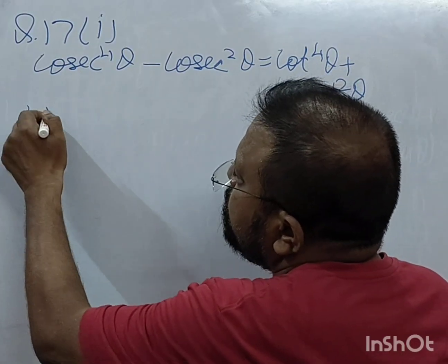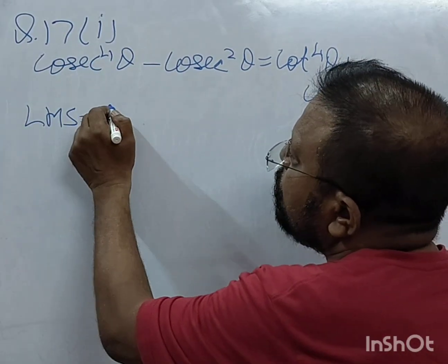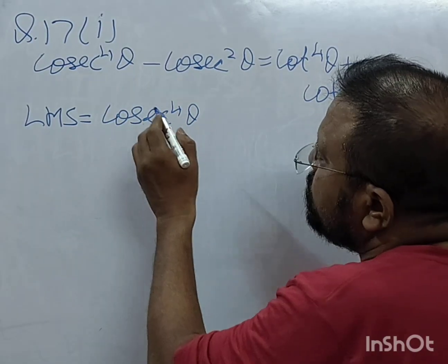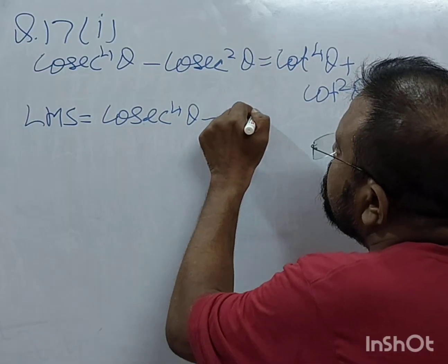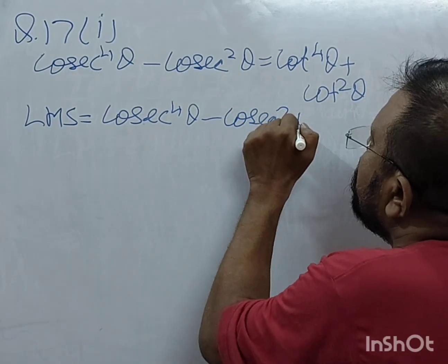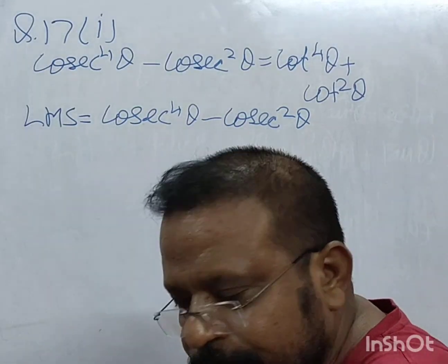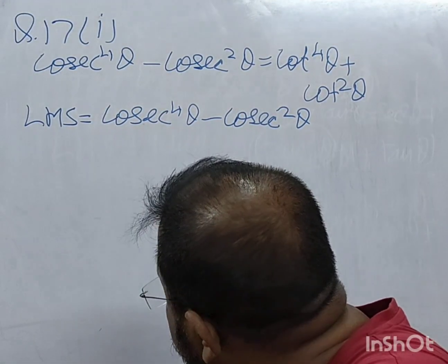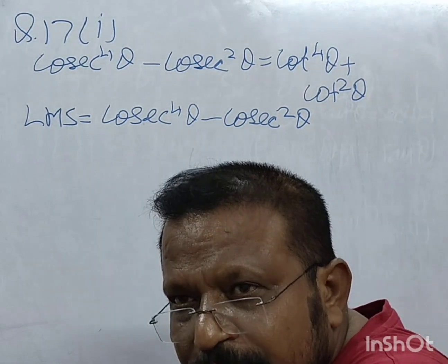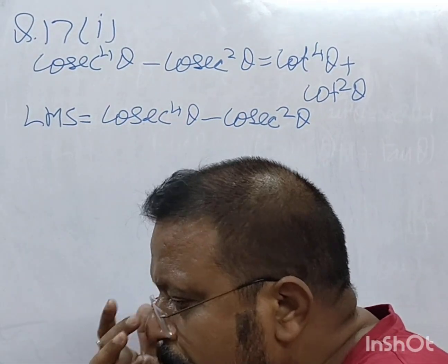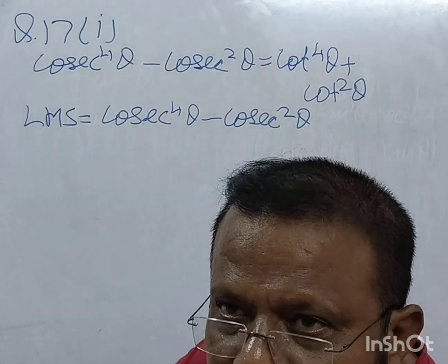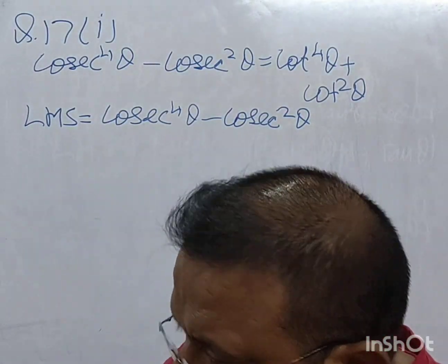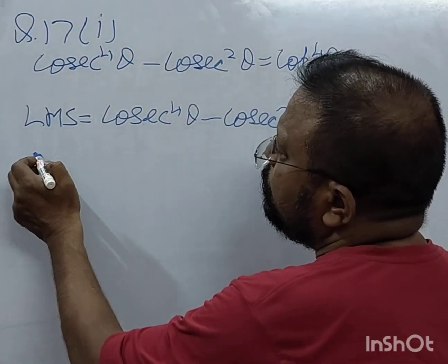So you have LHS is equal to cosec raised to the power 4 theta minus cosec square theta. How do you do this? Cosec square theta is cot square theta plus 1, and when we open the bracket then it turns to be minus. So what you do?